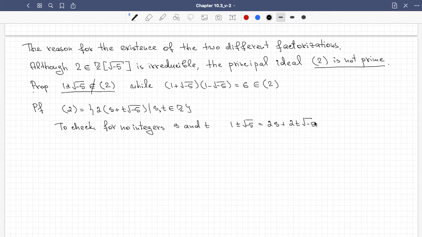It is obvious that these two cannot be equal.